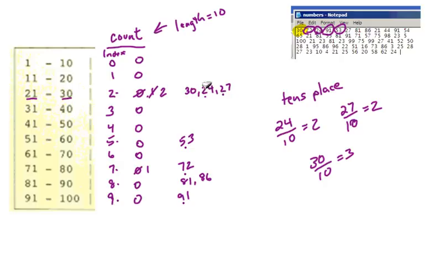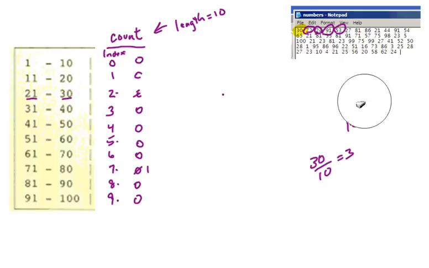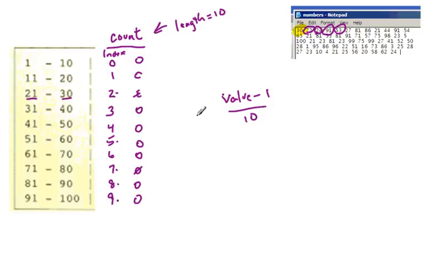So what we're going to be doing is taking each value that we read, subtracting 1, dividing by 10, and then that's going to be our index that we increment. So whatever that value is, we take count at that place and increment it simply with a plus plus.